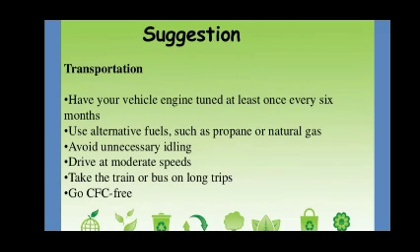Use alternate fuels such as wind energy, thermal energy, hydroelectrical energy, etc. Avoid unnecessary idling. Drive at moderate speed. Take the train or bus on long trips. Go CFC free.